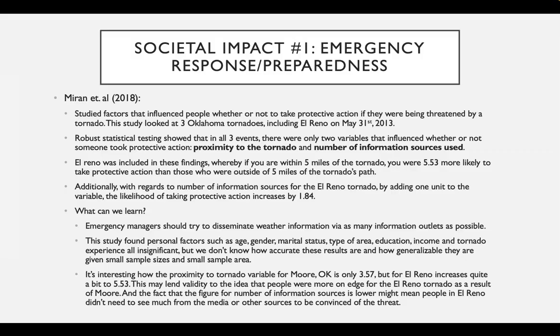And then another thing is that the factor for information sources for El Reno is surprisingly low, which might feel contradictory, but it's actually not, because what I theorize is that when people were experiencing the El Reno tornado, they did not need that much verification. I think they saw one or two sources and said, "That's it, I'm leaving," because they were nervous.